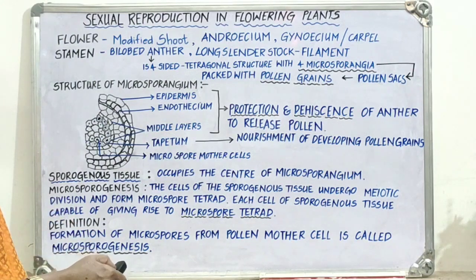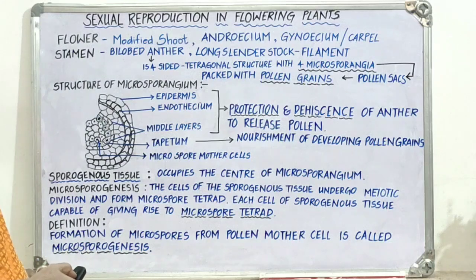Then if you come to the gynoecium, gynoecium is nothing but carpel. Another name is also there, pistil. Gynoecium is the female reproductive part of a flower, and it comprises 3 parts. What are they? 1, stigma, 2nd, style, and 3rd, ovary.